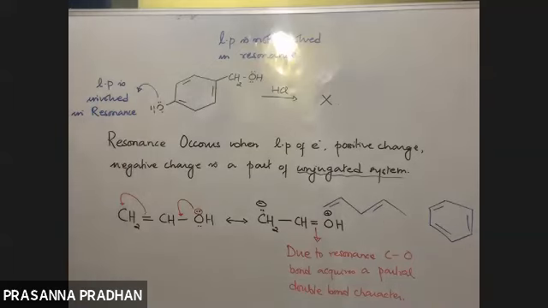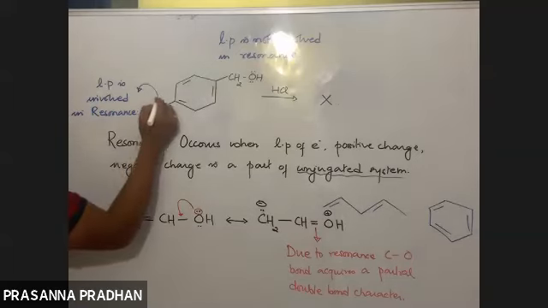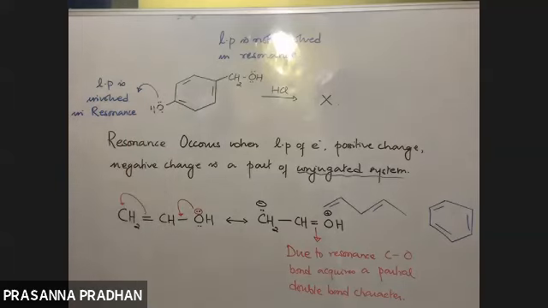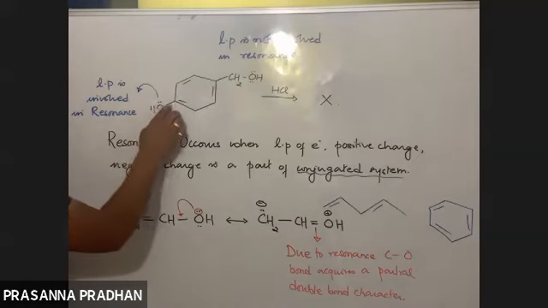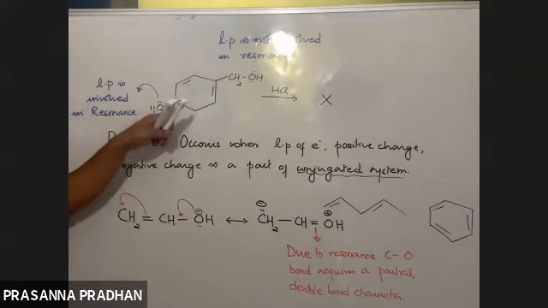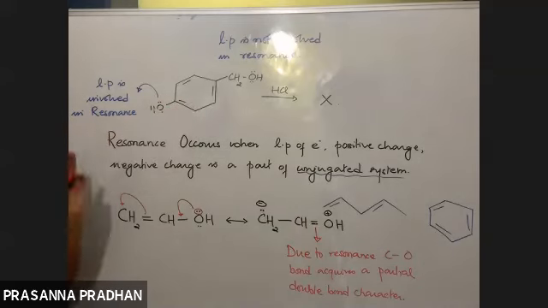If the lone pair is involved in resonance, what is the direction? This lone pair will go out here, and there will be a double bond character between this carbon and oxygen. So due to resonance, if the lone pair goes out here, a double bond is created, so there is a double bond character in the C-O bond. Here there is no resonance, so no double bond character.